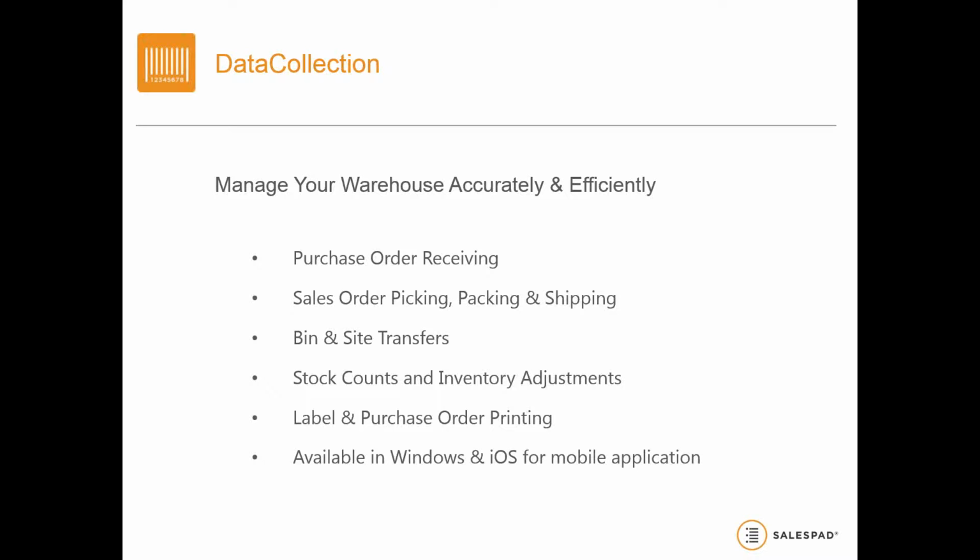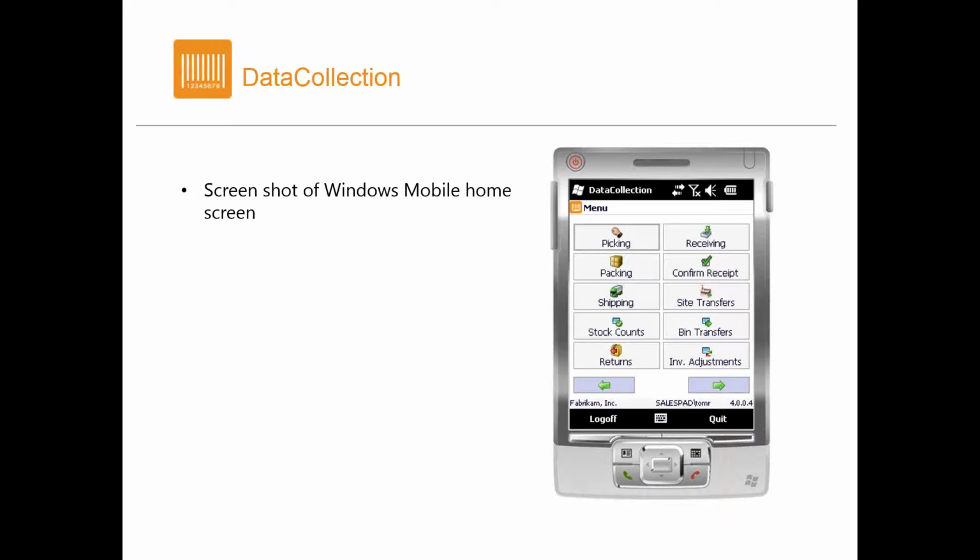But you can also do bin and site transfers off of your handheld device, stock counts, inventory adjustments, and print your labels. Today we'll take a look at it in the Windows platform, but it's also available in the Apple iOS platform as well.